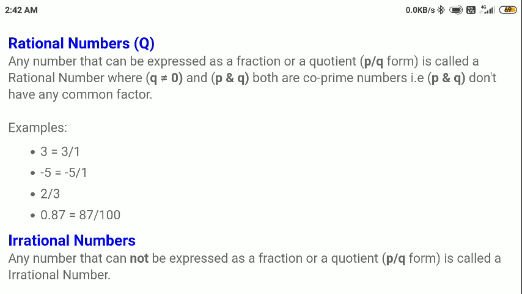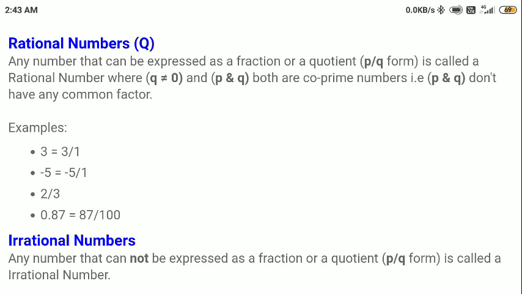Now let us talk about another group of numbers, rational numbers, which are represented by Q. Any number which can be expressed as a fraction or a quotient, or we can say in p by q form, is called a rational number. In that p by q form, q should not be 0, and p and q are co-prime numbers. Co-prime numbers do not have any common factor except 1.